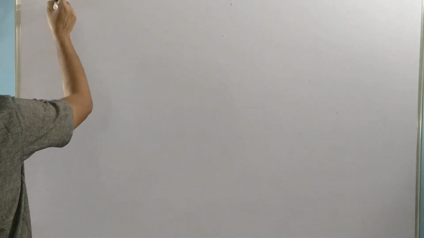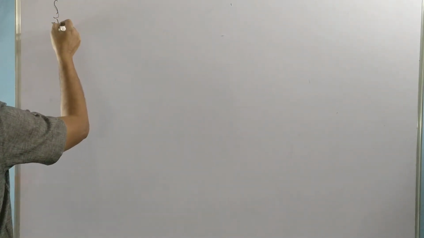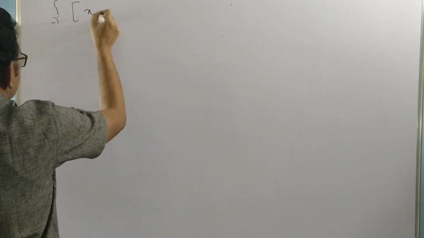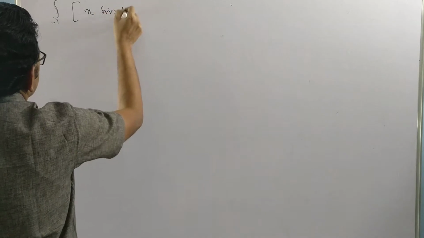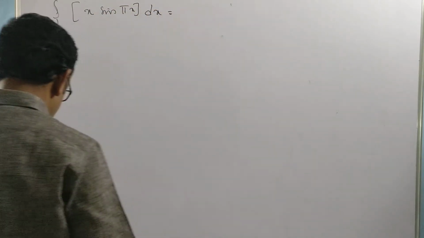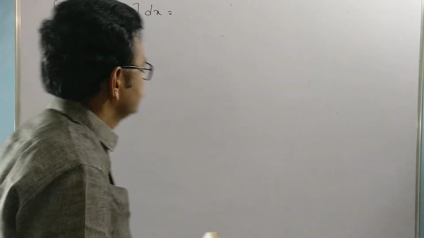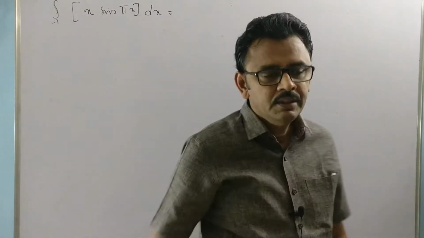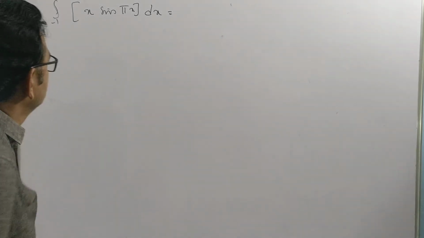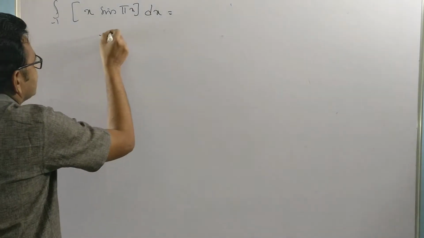Now the integral from minus 1 to 1 of step of x into sin pi x dx is equal to the integral from minus 1 to 1. Clearly it is an even function.